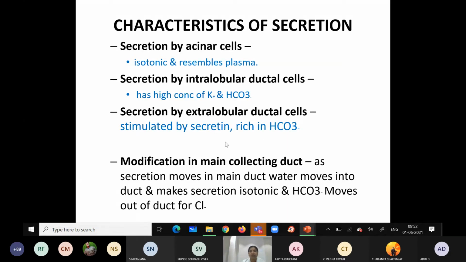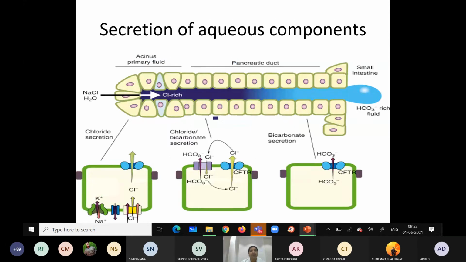As this aqueous pancreatic juice moves in the main duct, there will be addition of water, and some chloride moves outside and enters inside, and bicarbonate moves outside. That's why this diagram shows you how the modification of pancreatic juice occurs as it travels from the tip to the main duct, right. So sodium chloride and water and chloride are very rich in the initial part, which is called the primary fluid.